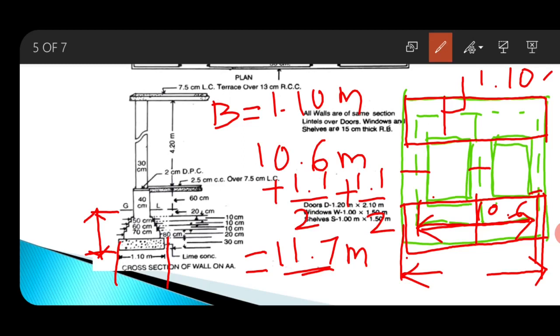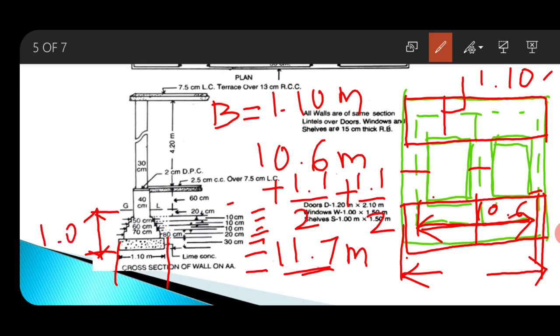So which is equal to, here you can see all the individual dimensions of your concrete work and footing are given. So simply by adding all these we will get the total depth. So see, 30 centimeter plus 20 plus 10 plus 10 plus 10 plus 20. That means 50, 60, 70, 80 and 20, that is 100.